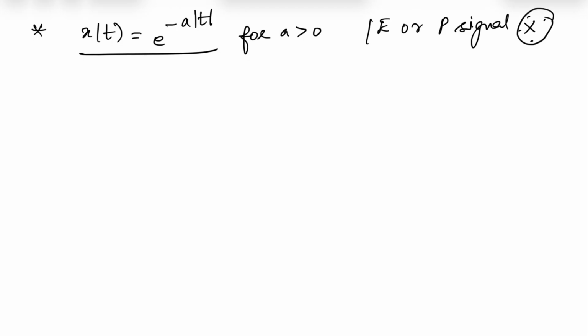First let us draw the signal so that you can easily tell whether it is an energy or a power signal. When I draw an exponential signal, I have e^(-at). This is how I will have an exponential signal.